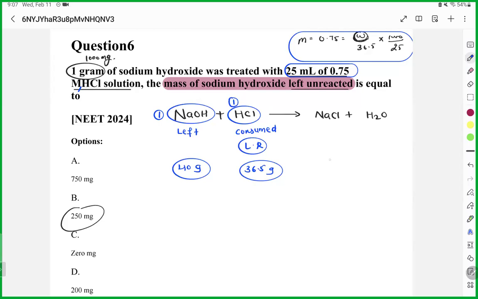How to calculate? The molarity formula is given weight by molar mass times 1000 over volume of the solution. Molarity is 0.75. Weight of HCl we have to calculate. Molar mass of HCl is 36.5. Volume of the solution is 25 ml.